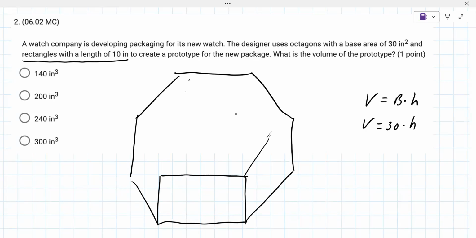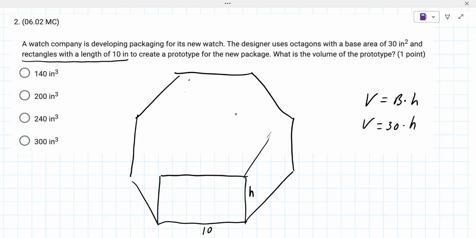So it says length of 10. I presume that means the height. Yeah, that's what I thought too when I did this question first. This one's the retake of the assignment. But the problem is it doesn't give you the apothem length, so I don't know how to find the height.